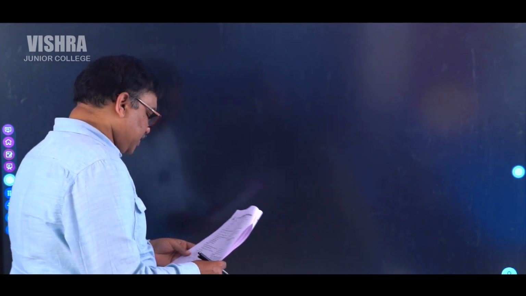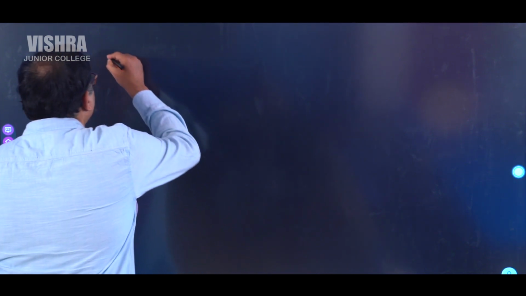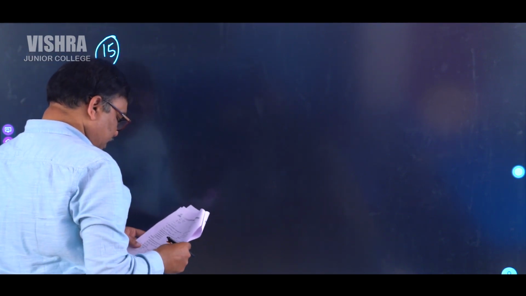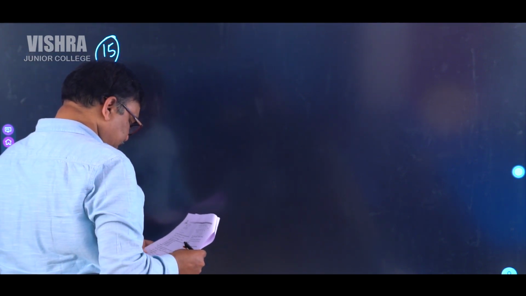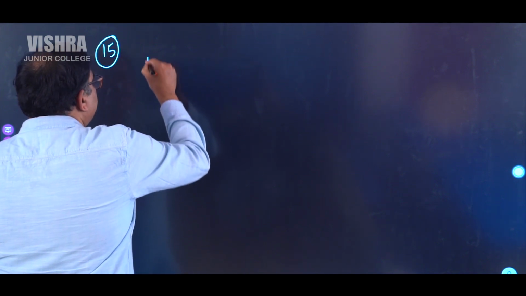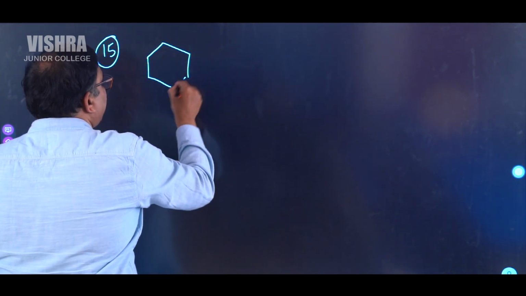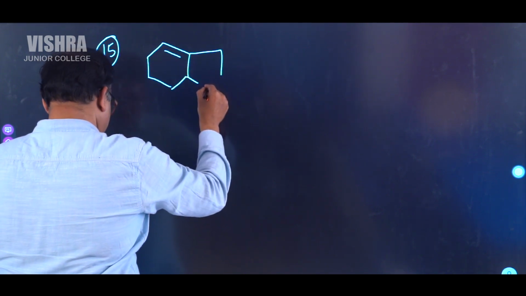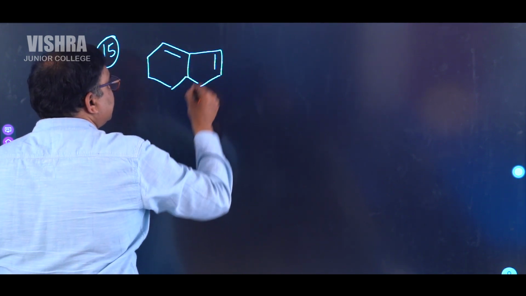So let's move to the next one. This is question number 15, and this question is on organic chemistry. Organic chemistry, very easy this one. Take this compound. Big structures are there. Don't get scared by seeing these structures.